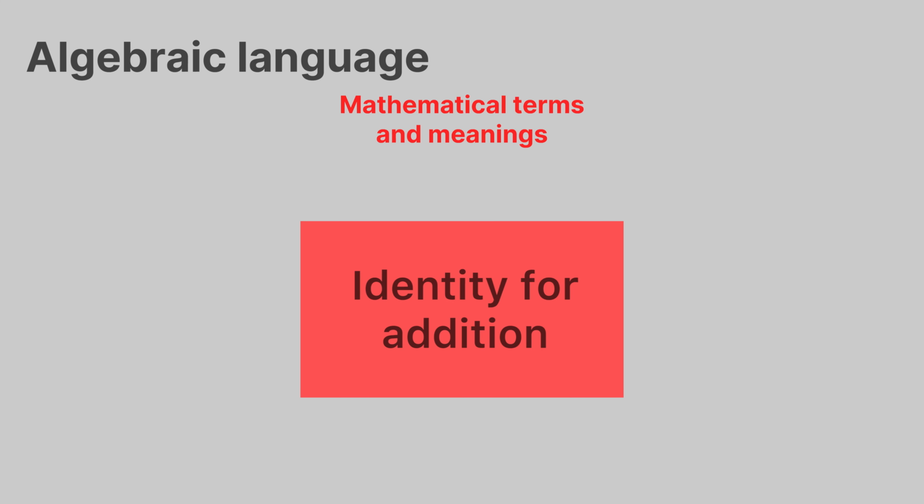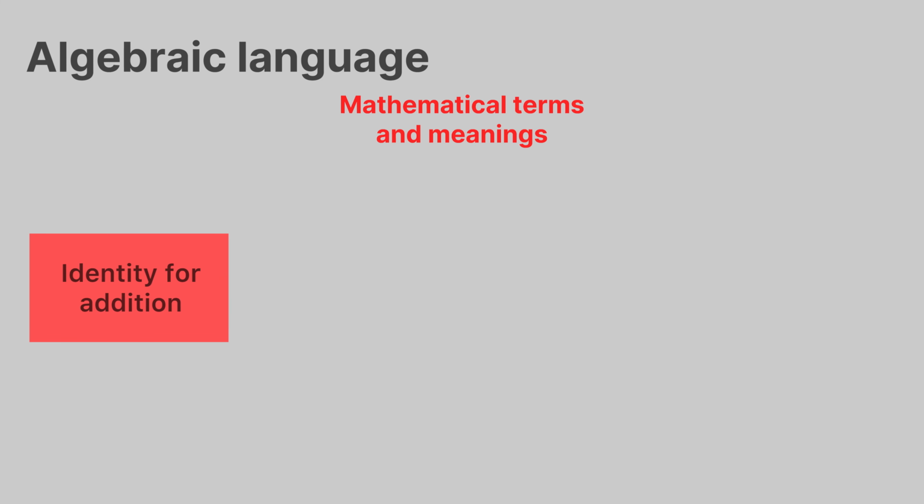Someone asked this question, if I add a number to 0, then what is the answer? Obviously, the answer will be that number. Because any number that is added to 0, the answer will be that number. Okay, so what is this thing called? This thing is called identity for addition.